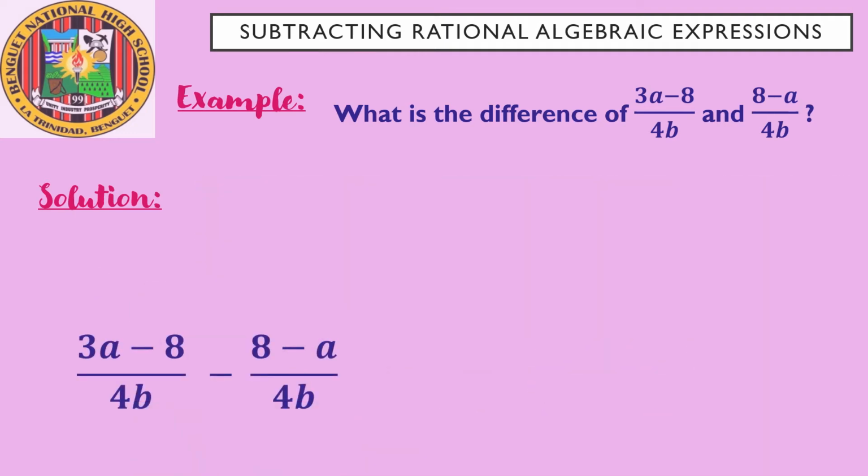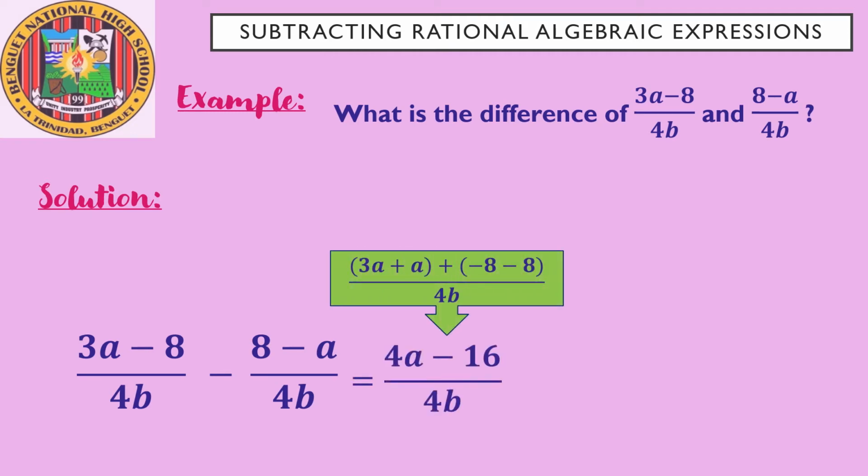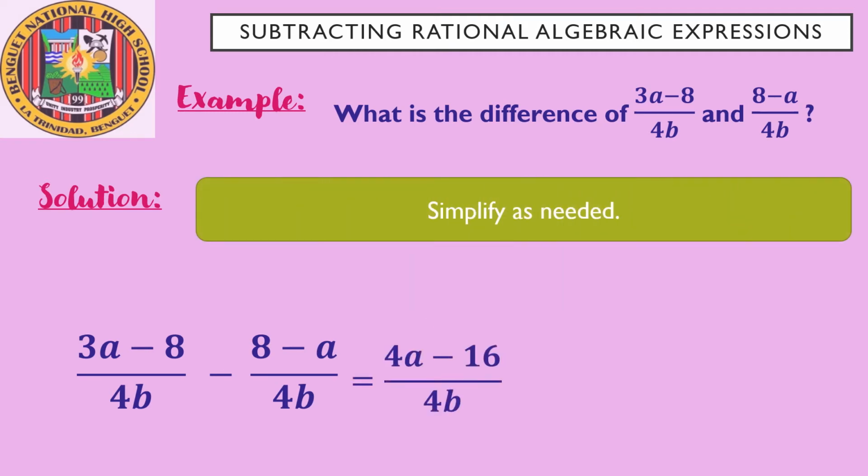After subtracting the numerators, we proceed to our final step, which is to simplify our answer if it can be simplified. In our previous step, we combined the similar terms in our numerator, which gives us the resulting expression 4a minus 16 over 4b.